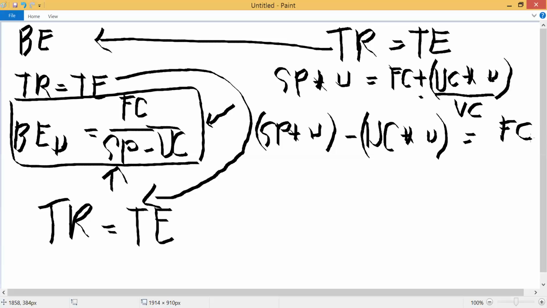Okay, so as you can see, they have a common factor, the times the number of units. So we can say that SP minus UC, we factor out times the number of units.